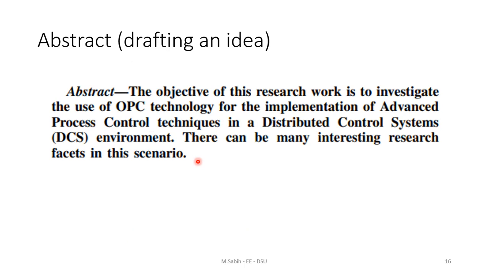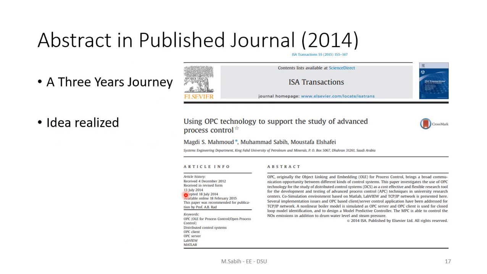So this is drafting an idea, and of course when you are drafting an idea, it does not have any results, and it doesn't have any clear approach or methodology. But this is showing an idea, and you can write an abstract, and after 3 years that work was published, of course after so many iterations, in ISA Transactions in 2014.